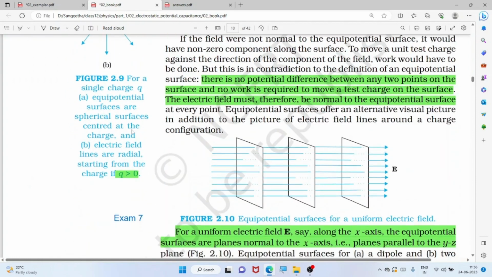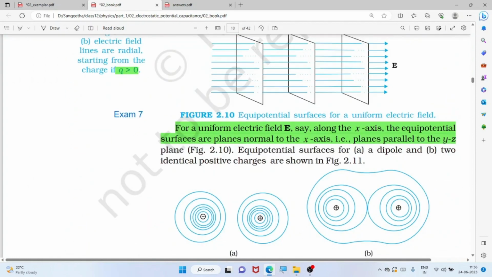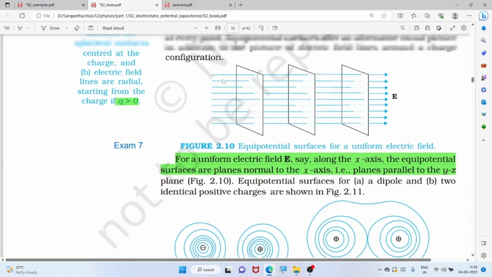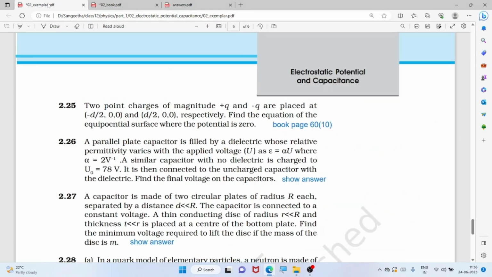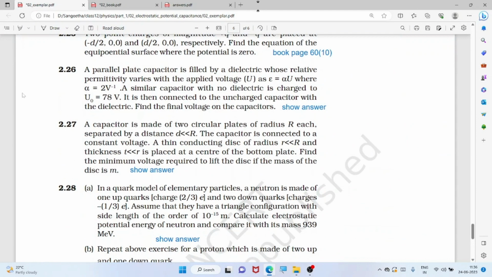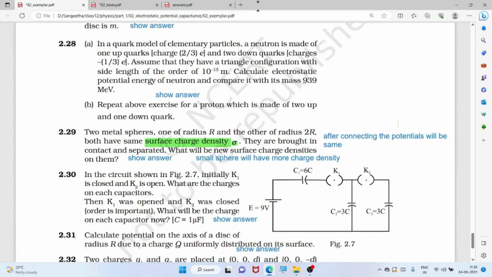Equipotential surfaces, okay, are given here. So it is in one axis, the equipotential will be in the other axes. Here x axis and the yz plane is equipotential for the same distance. So you can go through the answers for all this.